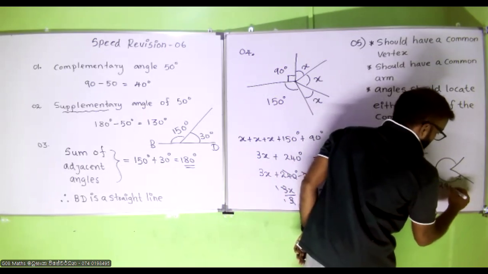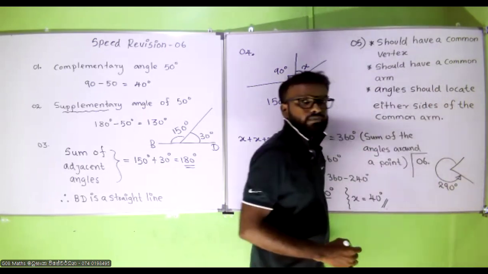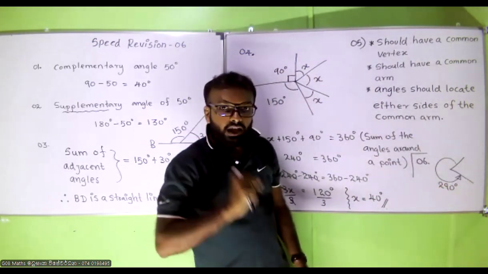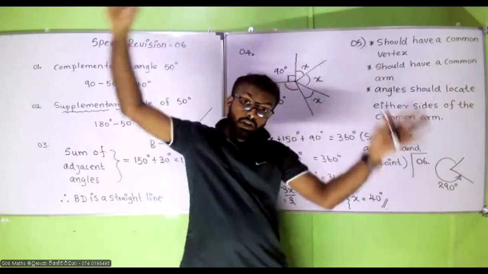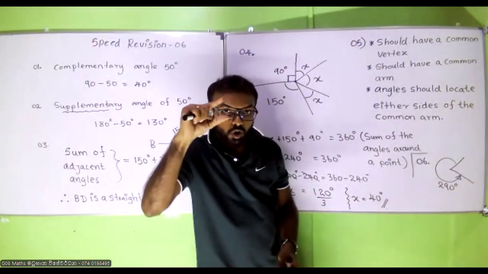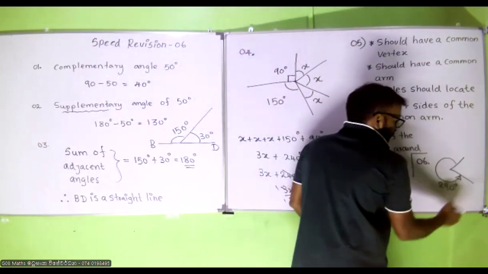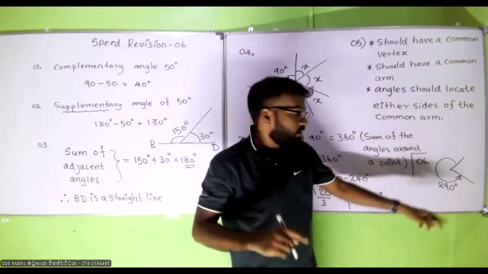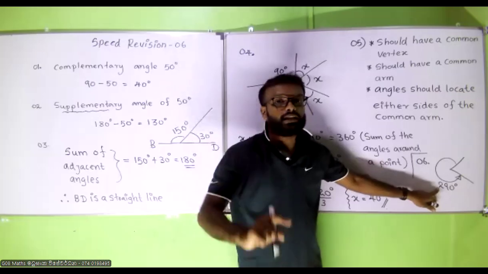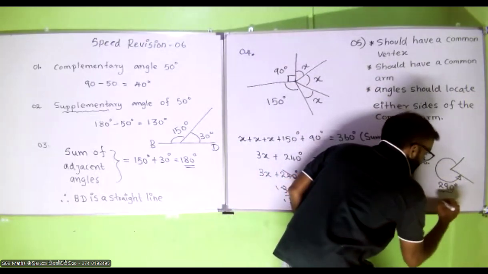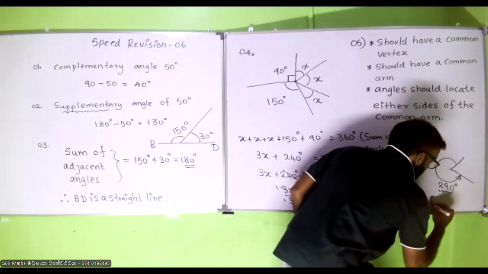This outside angle is 290 degrees. Inside angle, small one. Outside angle, bigger one. A small angle is an acute angle, but they are asking what name you give for 290 degrees. Reflex angle. This is called a reflex angle.